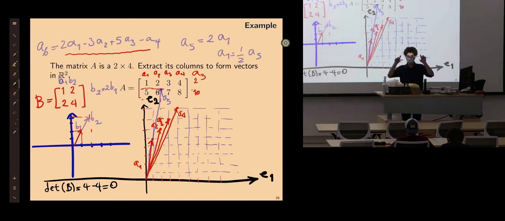And now we think about the columns, and you're guessing already that you don't want this. You want a way to figure out if a column is dependent on other columns. Or is there a way to combine other columns to reproduce that particular column, right?